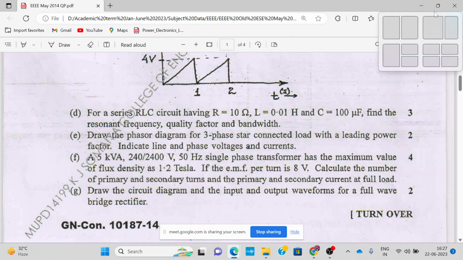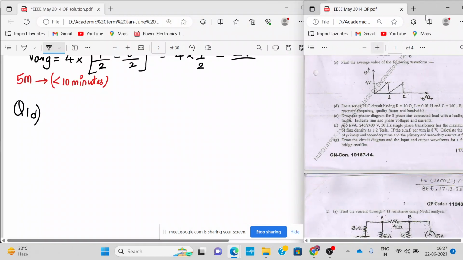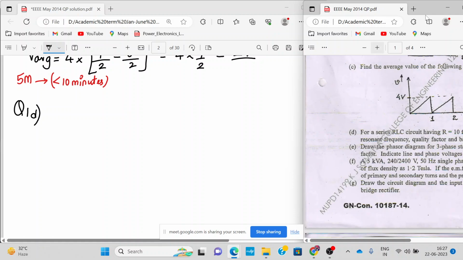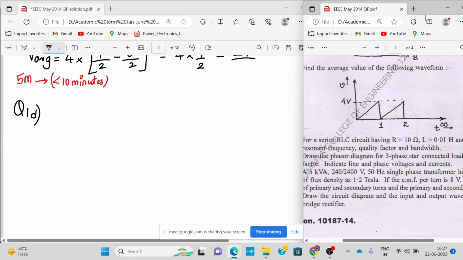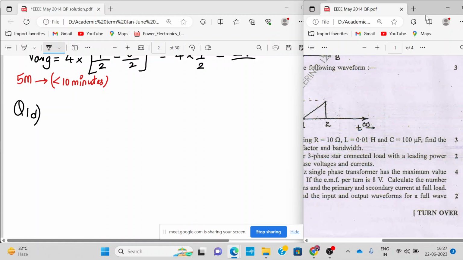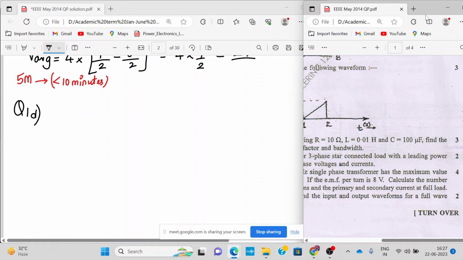For a series RLC circuit having R value 10 ohm, L value 0.01 Henry, C value 100 microfarad, find the resonant frequency, quality factor, and the bandwidth. So it's straightforward. If you have studied AC circuits, you might know that the series RLC circuit is a simple matter of solving by the given formula.